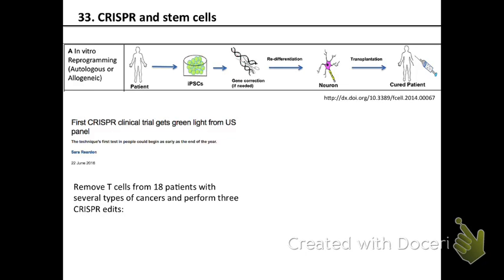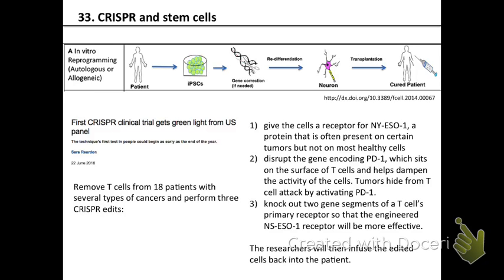So they're removing these T cells from 18 patients and performing 3 CRISPR edits. These edits, they have to choose very carefully based on a lot of basic research that was done for 20, 30 years, okay? So this is accumulated knowledge that they're using.